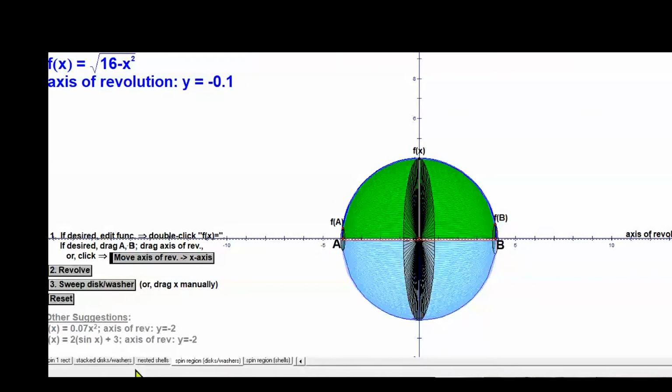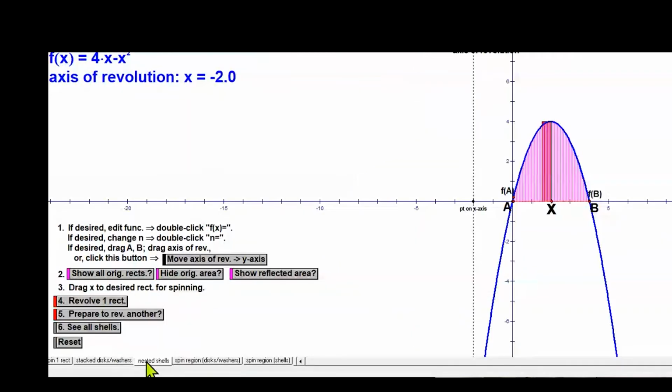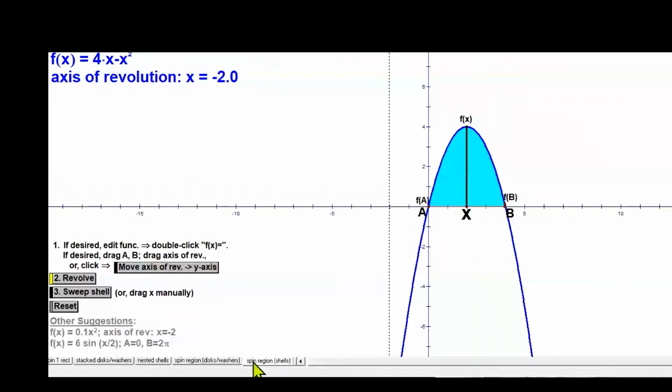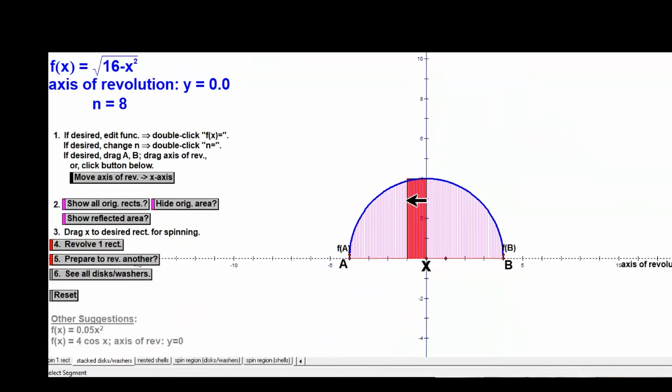Now we can do that with one rectangle. This one, right? So let's say we have one rectangle and then revolve that. Amazing, isn't it?